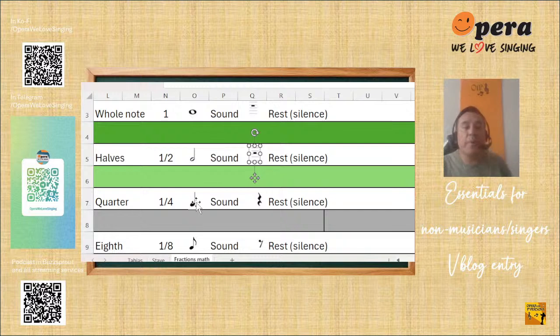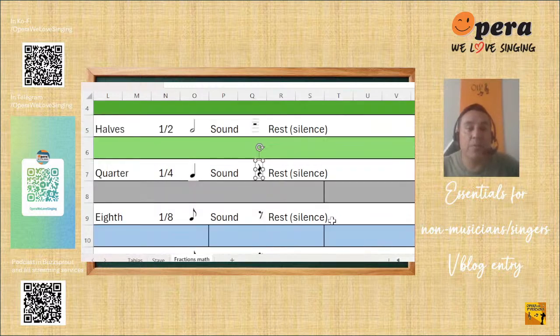If we continue moving, we also have the silence or the rest of a quarter, and it's this weird symbol that has some sort of waves. If you draw that symbol, that means you have the silence of a quarter. So if the sound lasts a quarter, ta, then the silence lasts exactly the same quarter. That would be the explanation.